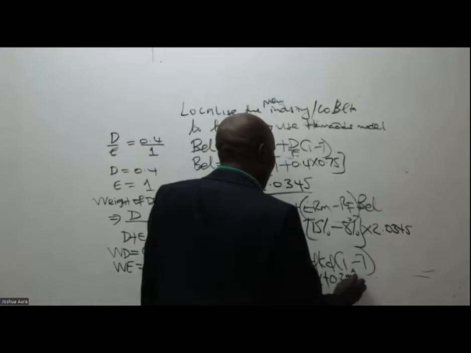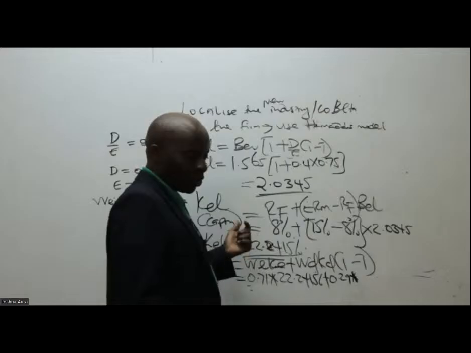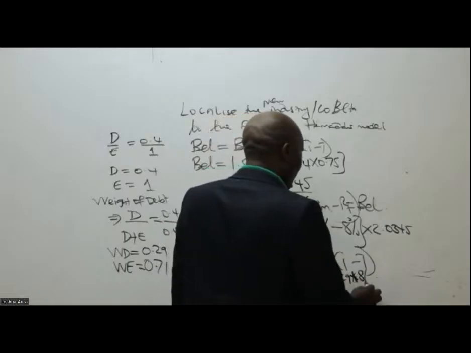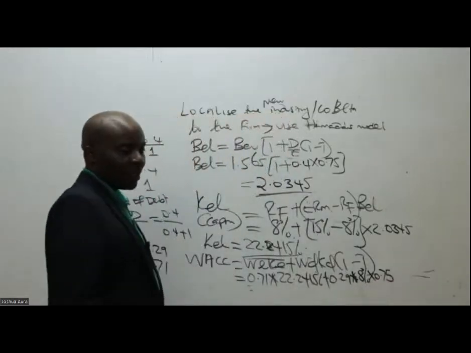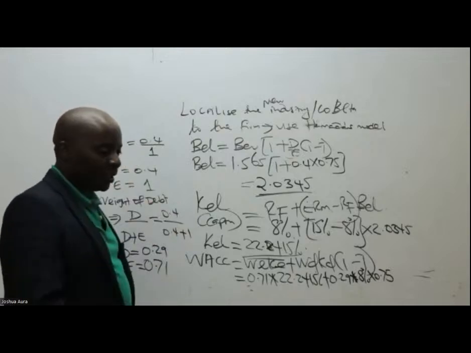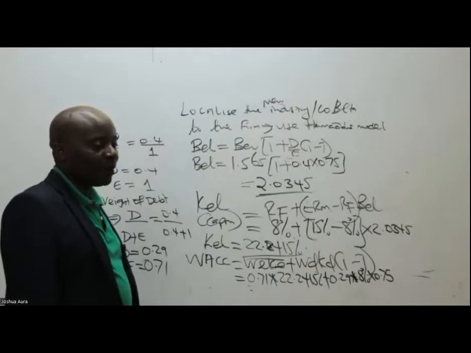Not unless you're told otherwise, cost of debt is normally risk-free because debt is secured. You must give a bank security. It is 8%, multiplied by 0.75. Could you kindly go ahead and give us the WACC.